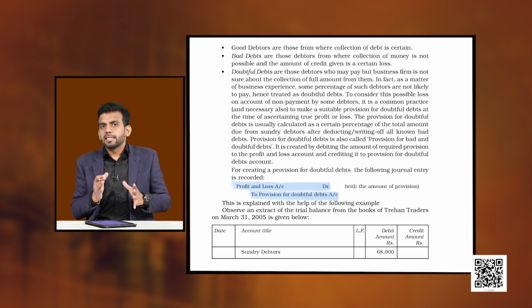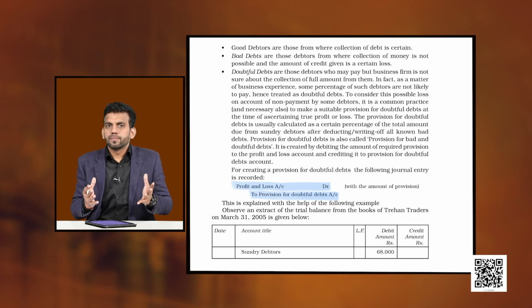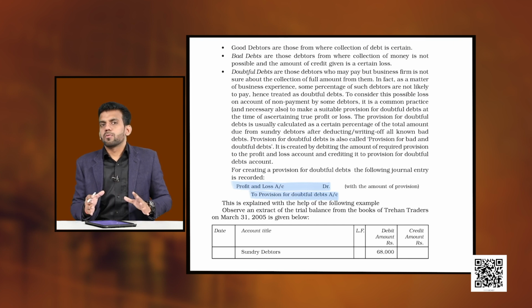The way I said, provision for bad and doubtful debt is an expense, and expenses are to be transferred to profit and loss account. In the same way, we are going to transfer provision for bad and doubtful debt to P&L account, and this is going to be an entry.